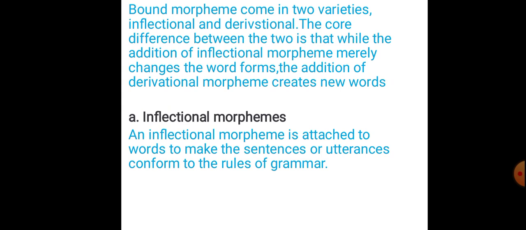Bound morphemes come in two varieties, thus inflectional and derivational. The core difference between the two is that while the addition of an inflectional morpheme merely changes the word form, the addition of a derivational morpheme creates new words.